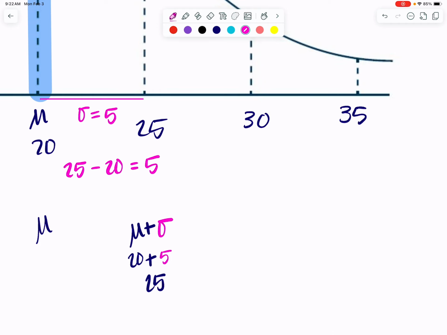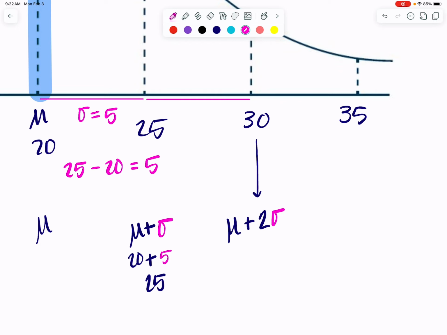To get another chunk of data in there, we write this as mu plus 2 sigmas, or 2 standard deviations away from the mean.